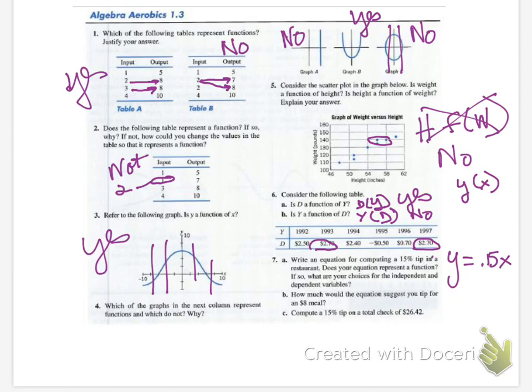How much would the equation suggest you tip for an $8 meal? If you do the math, you should be getting $1.20. And if you compute a 15% tip on a total check of $26.42, you should be getting $3.96. Okay, so make sure that you're able to get those answers as well.